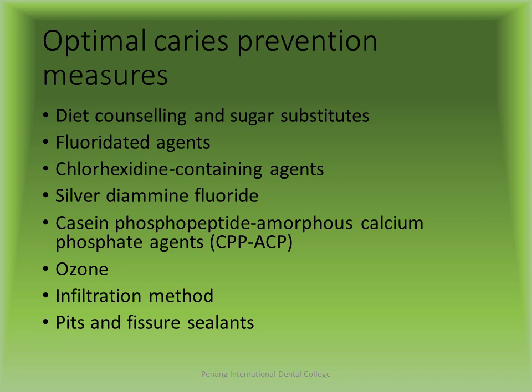Then we have CPP ACP, that is your amorphous calcium phosphate and casein phosphopeptide gels. We have ozone. Ozone again will be covered in the coming slides. Then we have the infiltration and Pit-and-Fissure sealants. Infiltration and Pit-and-Fissure are more or less similar.